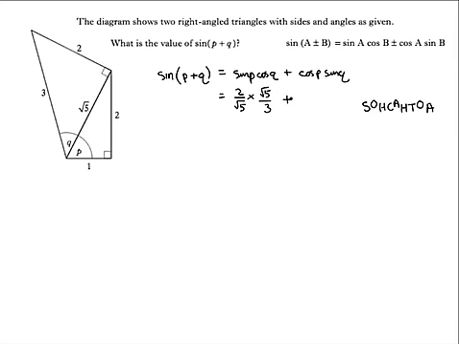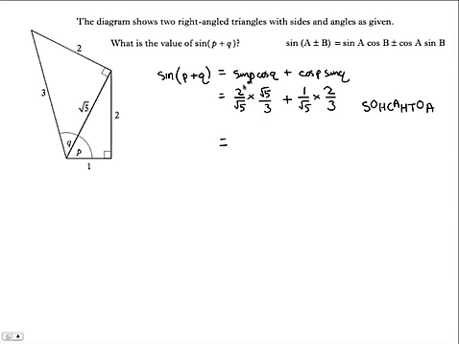Then we're adding cosine of P. Cosine of this angle is adjacent over hypotenuse. That's 1 over root 5 times sine of Q, sine again opposite over hypotenuse, there's Q, opposite 2 over hypotenuse 3, so that's 2 over 3.